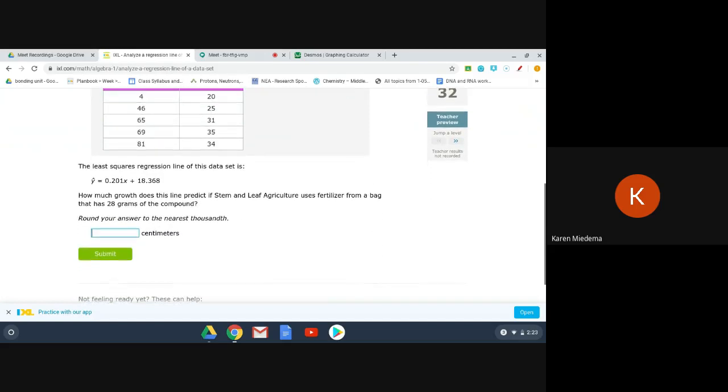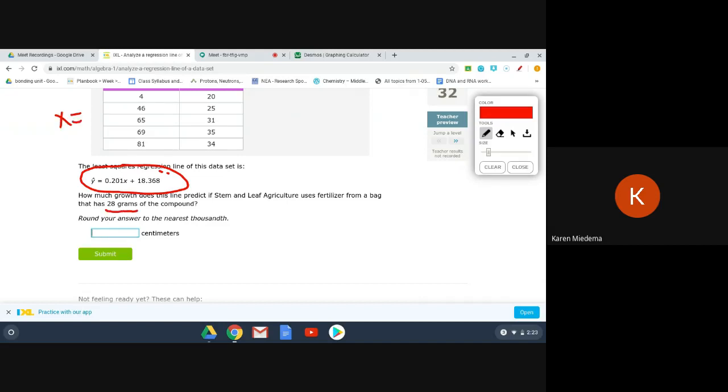Okay, next, it's asking us to use our equation that we created. So here's the equation that we created for the line of best fit. And now it says, how much growth does this line predict if stem and leaf agriculture uses fertilizer from a bag that has 28 grams of the compound? So they're saying that if the x value were 28, what would your y value be?